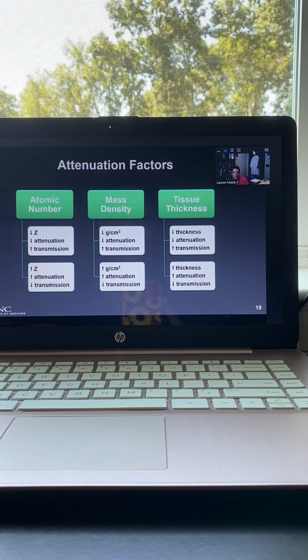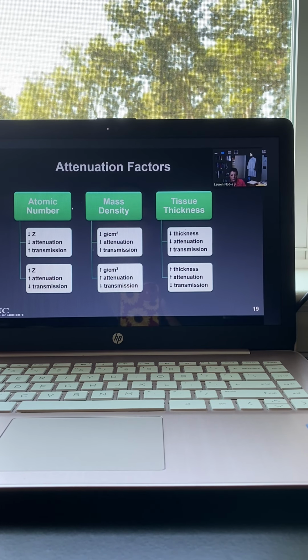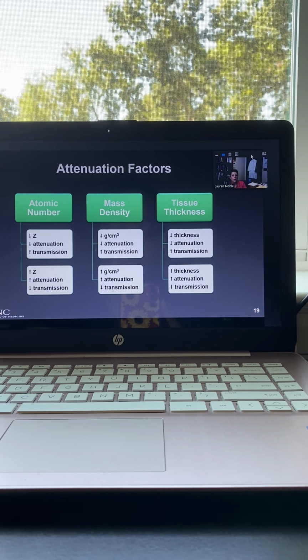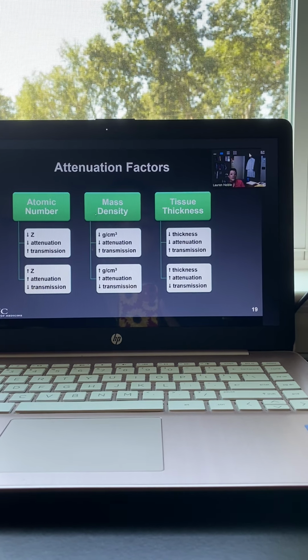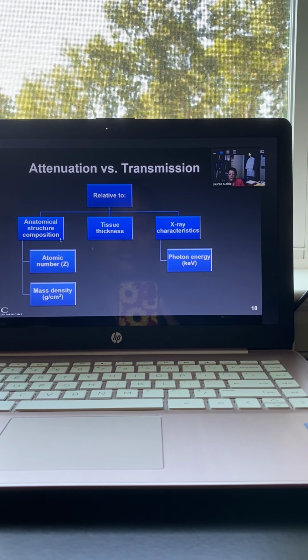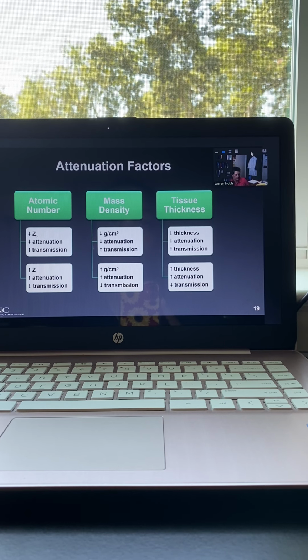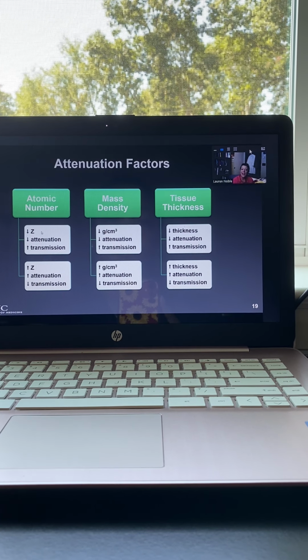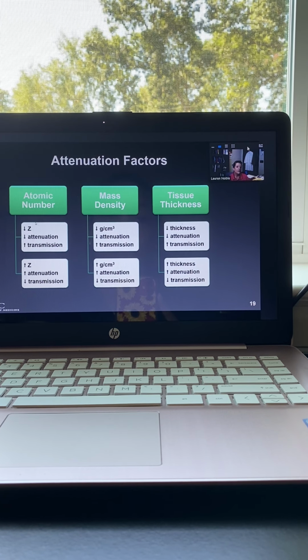All right, so let's look at these attenuation factors individually. We'll look at atomic number, mass density, and tissue thickness. The atomic number and mass density pertain to the composition of the anatomical structure. This is something you're just going to have to look at over and over again until you can grasp it.